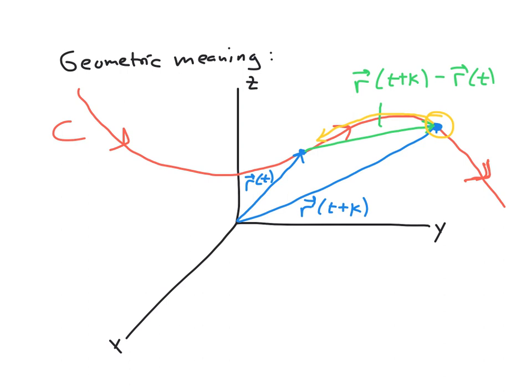So what we get, though, is a vector that this limiting process will get close to, and it basically is a vector that will continue off in the same direction as the curve at that particular point. And so this purple vector that I just drew will be r prime of t.